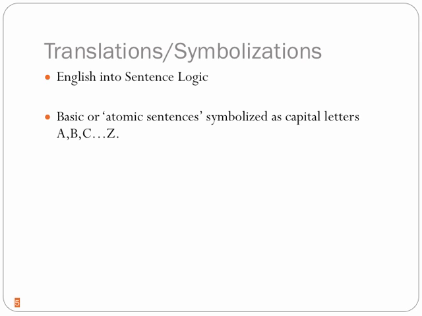We're going to be symbolizing statements. And for basic statements, we're just going to use capital letters of the alphabet, A, B, C, and so on, all the way to Z. And if we needed more letters than just the 26, we could always appeal to subscripts, like A sub 1, B sub 1, A sub 2. So that'll give us an infinite number of sentence letters.